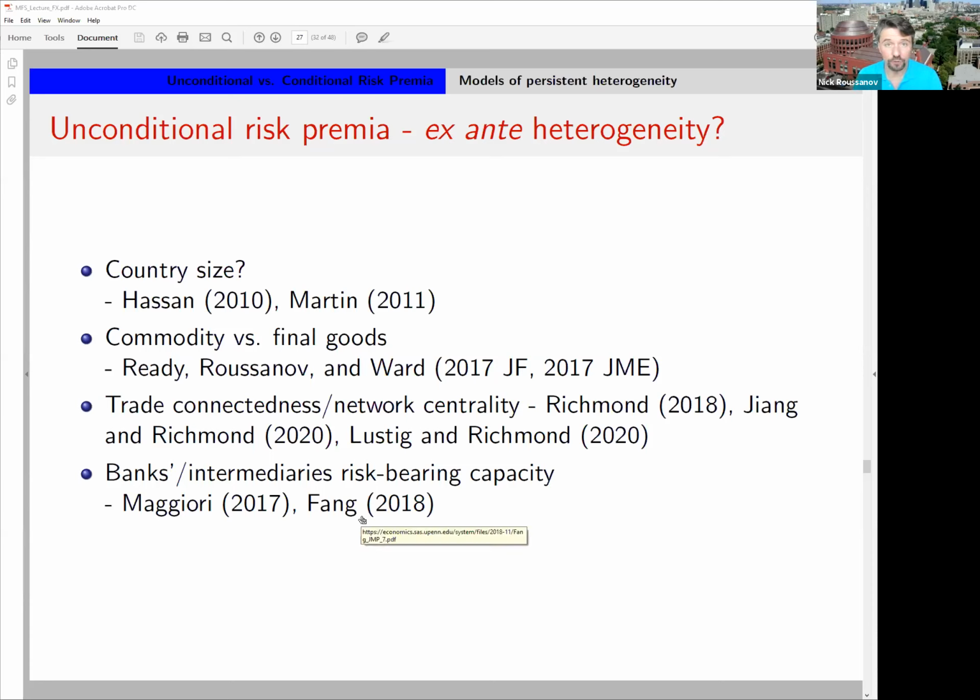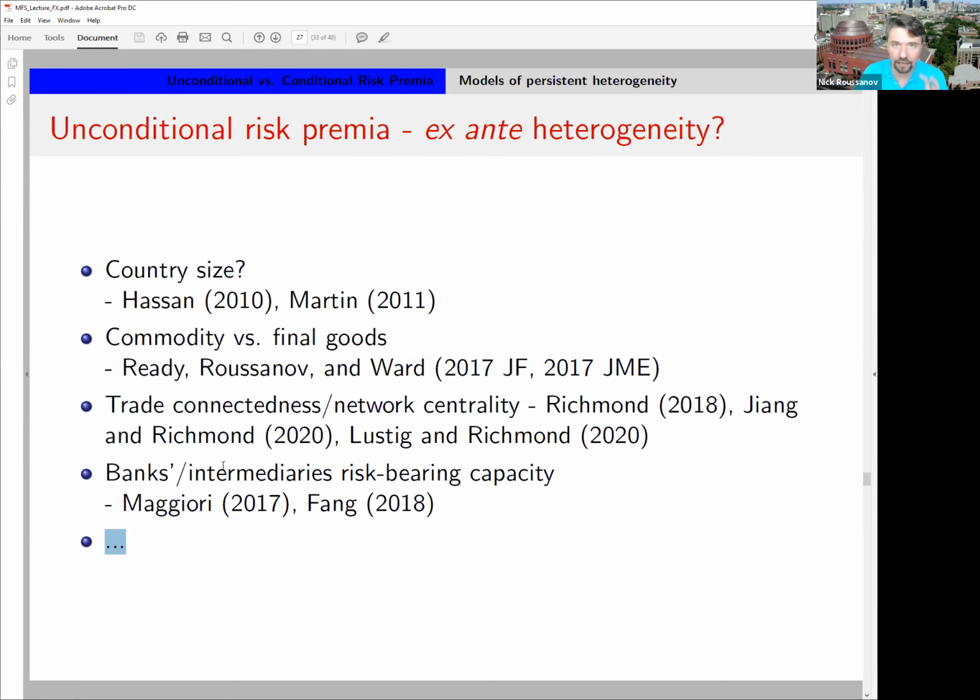I'll talk briefly about the evidence in my paper with Rob Brady and Colin Ward about commodity trade. Commodity trade is one of those variables, in fact, where the US is an average country. Of course, again, there's lots of papers that have been written on this, and more papers should be written. I think this is still a wide open area.